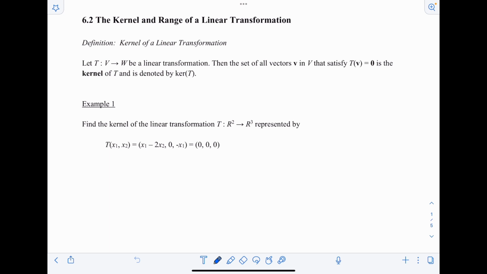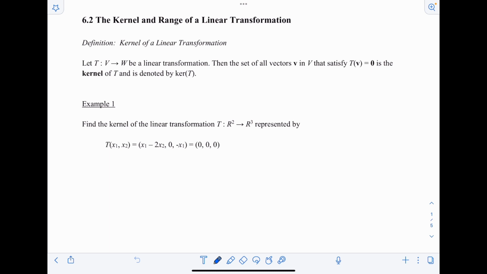It's a subset of all vectors in V that, when we apply the transformation, map to the 0 vector in W. That's all it is. So it's a subset in V containing all the vectors that map to 0 in W.